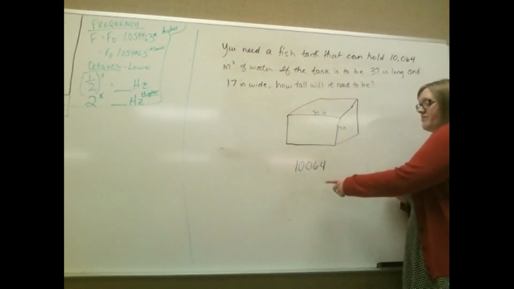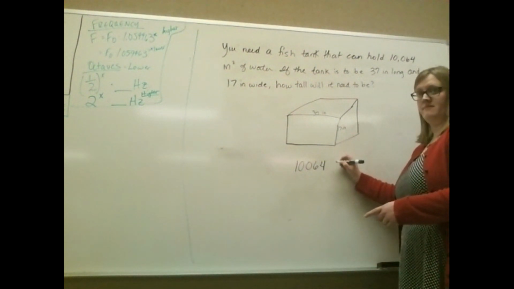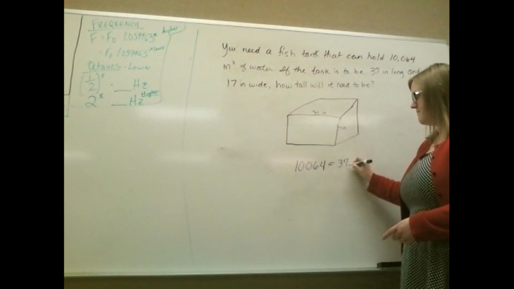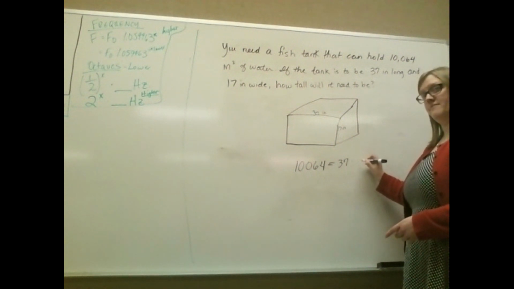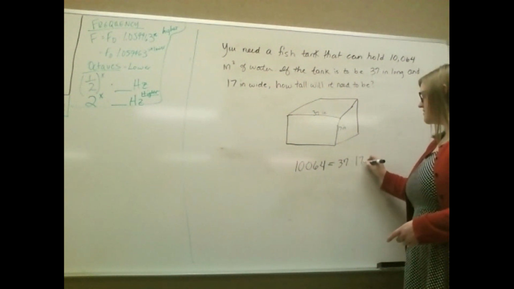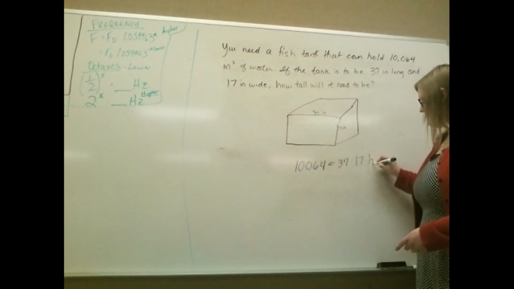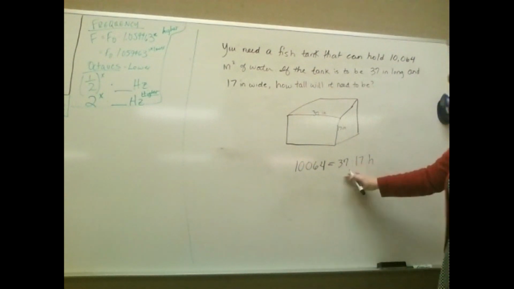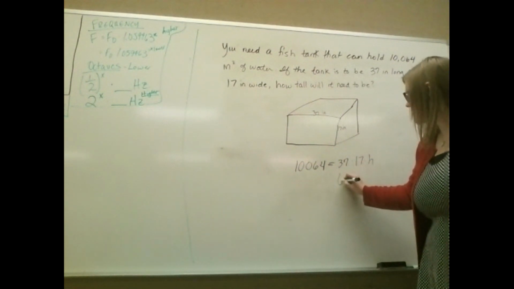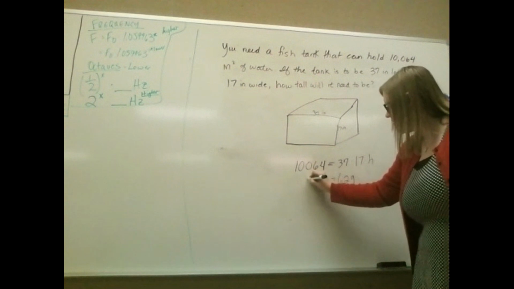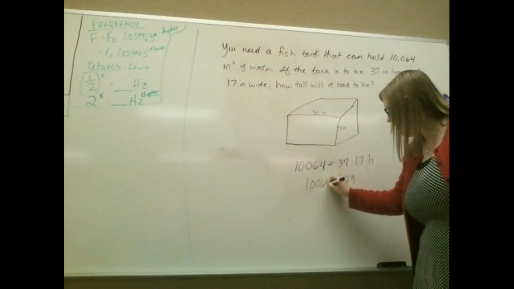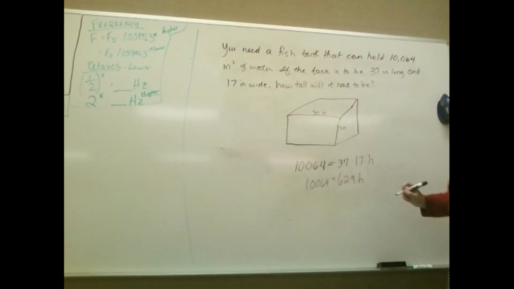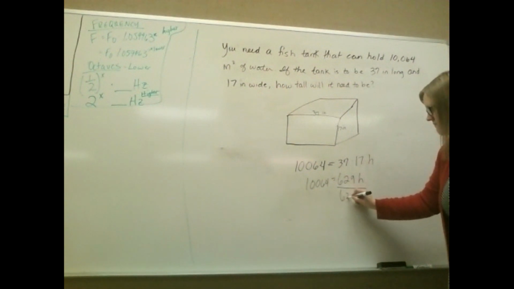So it's 37 equals... equals 37 times 17. 17, perfect. Times. Yep. Perfect. All right, Chance, what'd you do after that? 37 times 17, 629. And then divided, and I got 16 inches cubed.